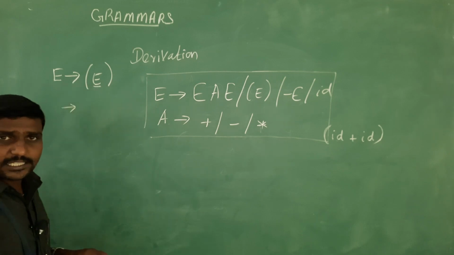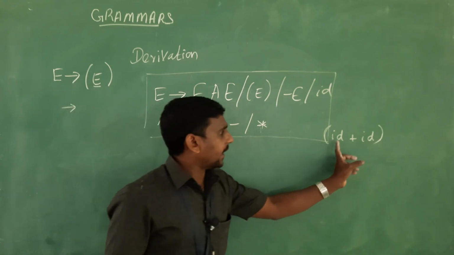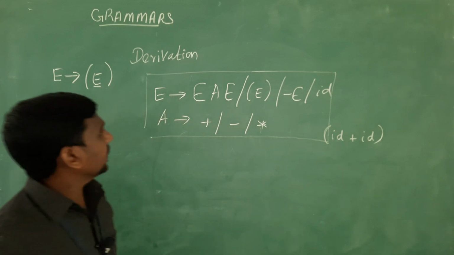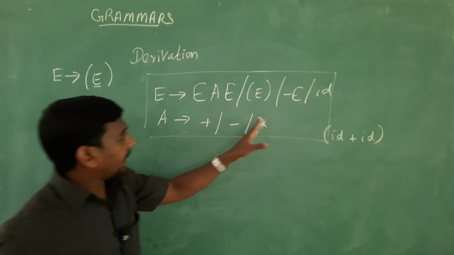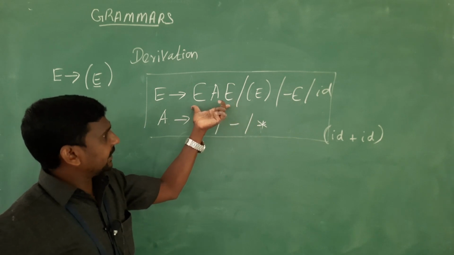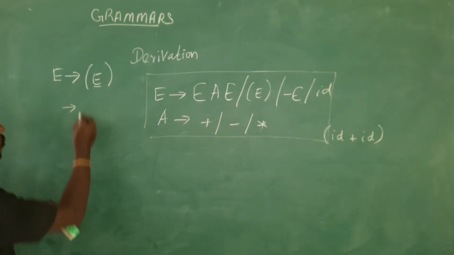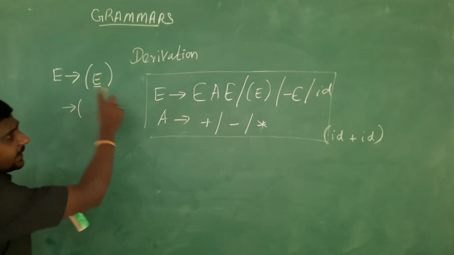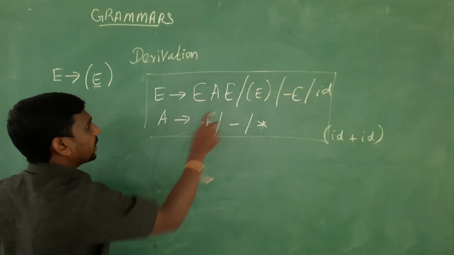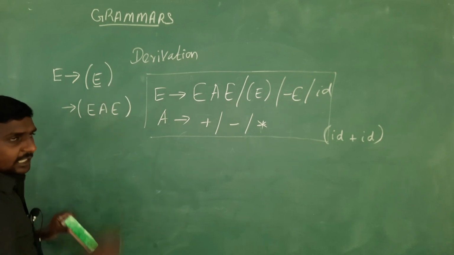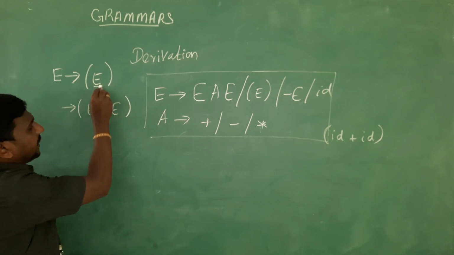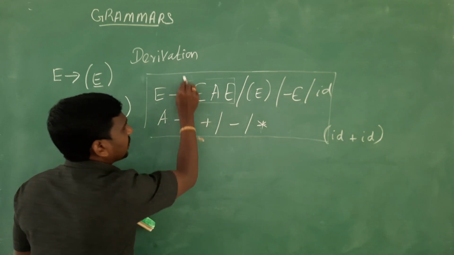Only I can expand this E. So ID plus ID. If I want to get ID plus ID, I can expand this production, E tends to EAE. See, open brace is there. Instead of this E, I can substitute this production EAE, and close brace is already there. Only instead of E, I substituted this production. Okay.